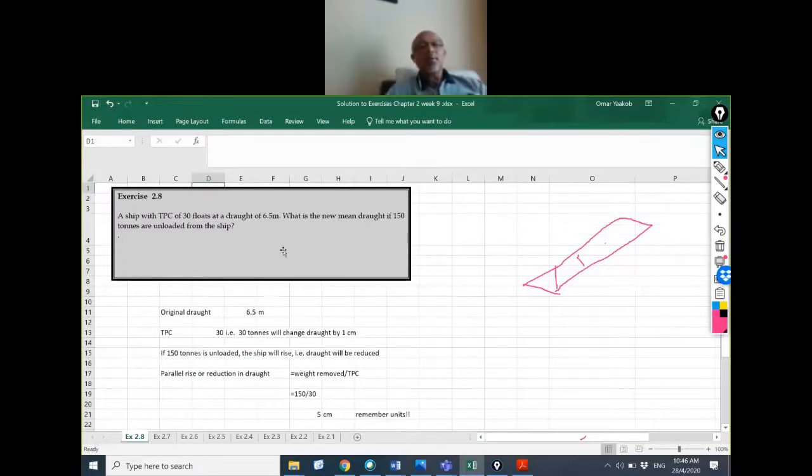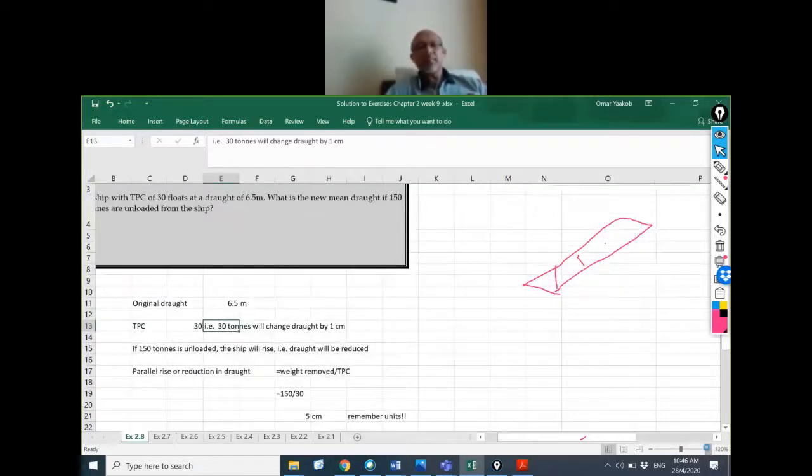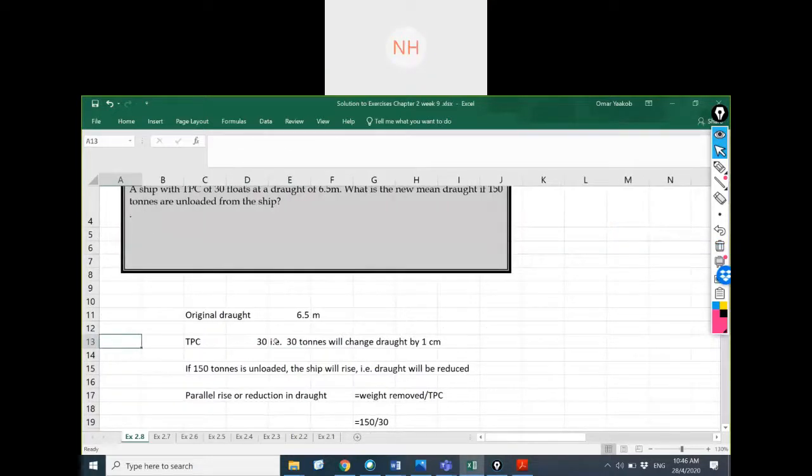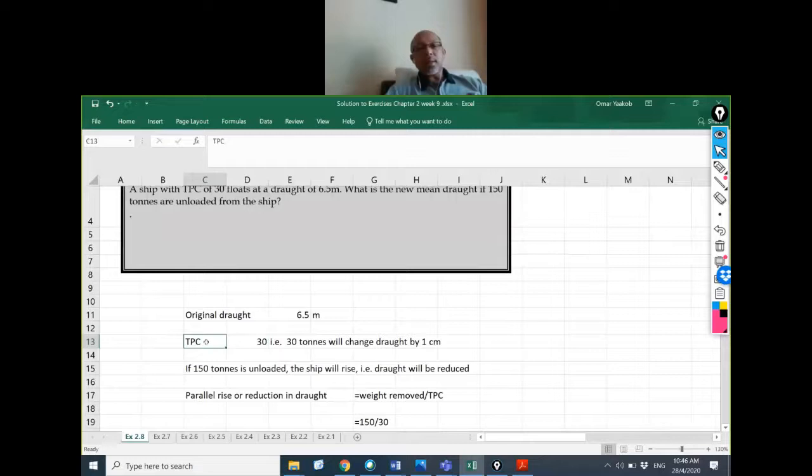If a ship has TPC of 30, it means that 30 tons will change draft by 1 centimeter. If 150 tons is unloaded, the ship will rise.